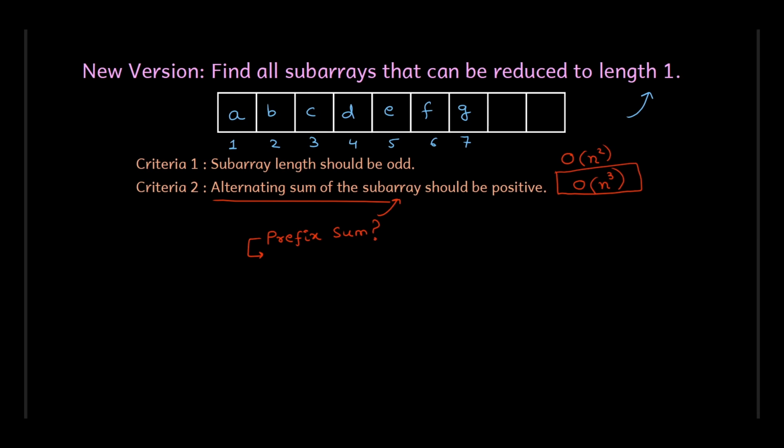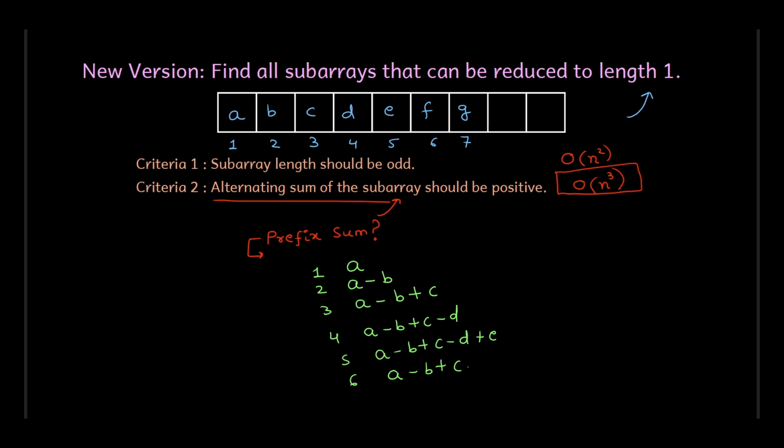By this definition, P1 would contain A, P2 would contain A minus B, P3 would contain A minus B plus C, P4 is A minus B plus C minus D, P5 is A minus B plus C minus D plus E, and P6 is A minus B plus C minus D plus E minus F.